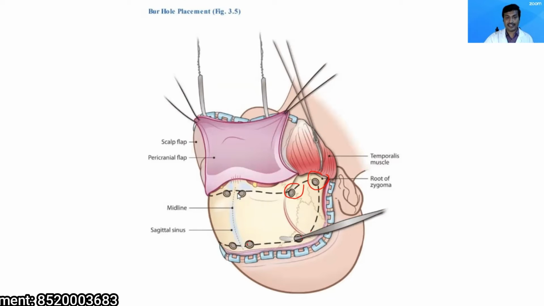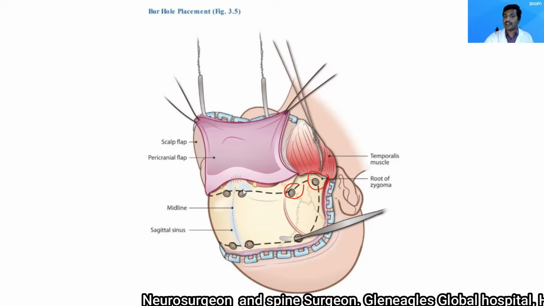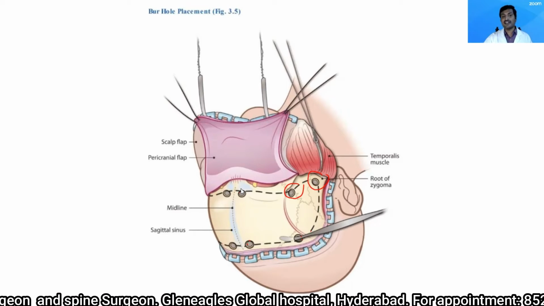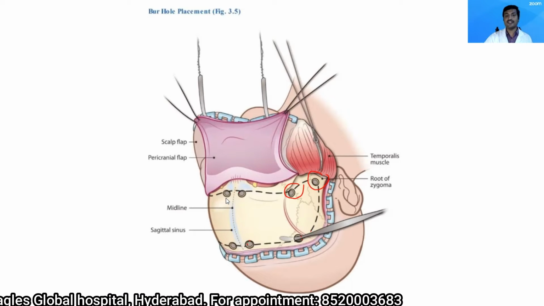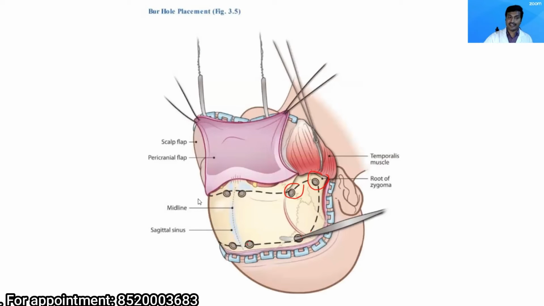If they do, immediately remove the mucosa from the frontal sinuses and pack them with either muscle or fat and also with betadine-soaked Abgel. All the instruments which have entered the frontal sinus, discard them and start using a new set of instruments. So you have placed the burr holes on either side. The last burr holes to be placed are the midline burr holes.